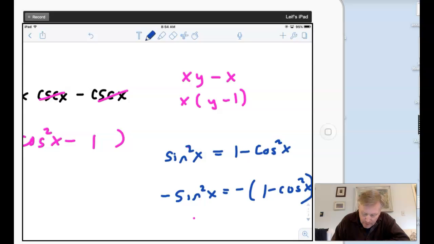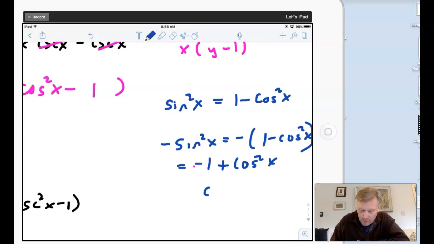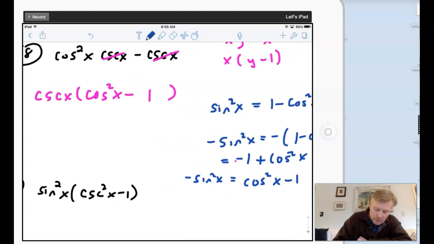What happens then is the 1 becomes negative, but the cosine squared becomes positive, and then you could change the order. So you see that this is actually equal to negative sine squared of x. And you could do the same thing with a cosine. All right, so that's a nice trick, which means this is equal to negative sine squared of x.